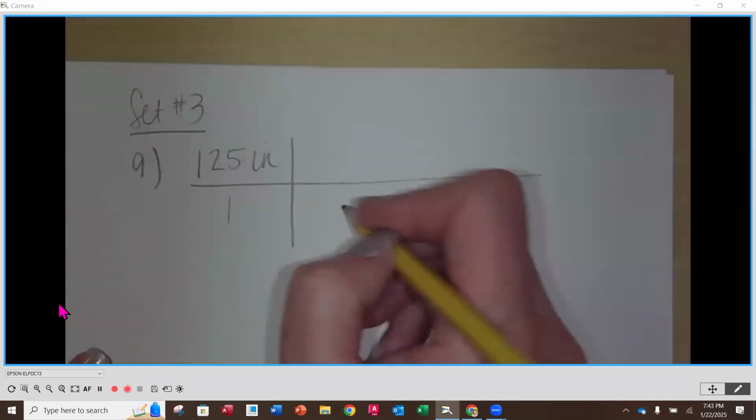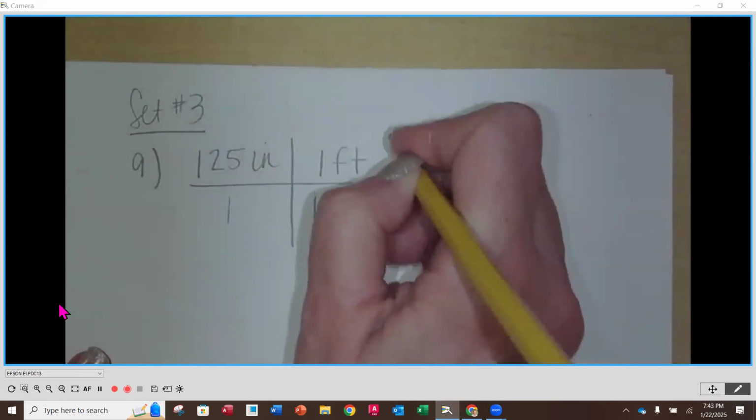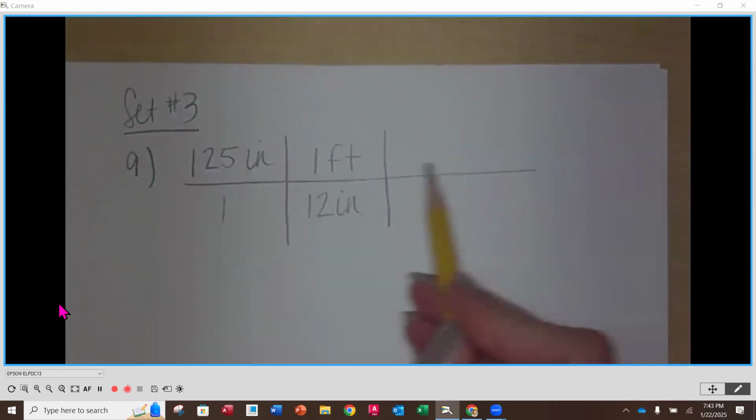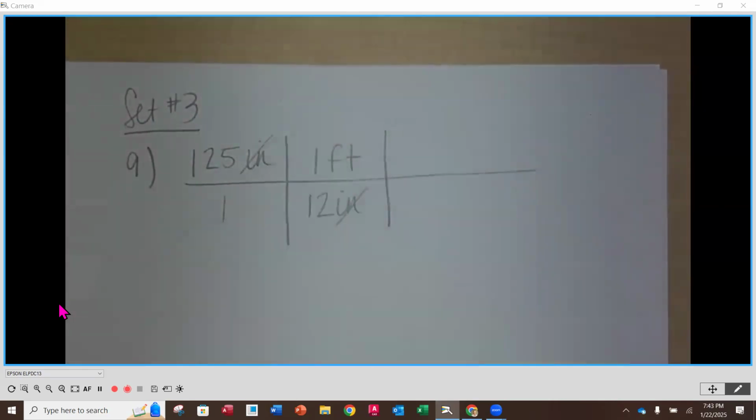As I said earlier, there are 12 inches in 1 foot. Now, how do I decide if I go top or bottom, right? The units cancel, and that's why we do the up down. As we go across here, this is our numerator, this is our denominator, my inches are going to cancel top to bottom.